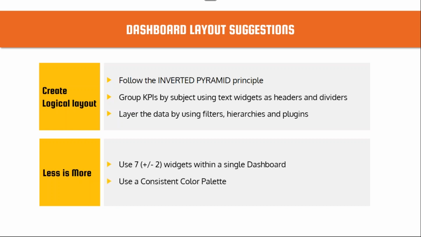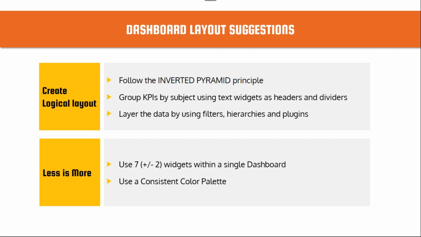On the design level, we want to use a limited number of widgets. It's a well-known fact in cognitive psychology that human perception, human memory, can only grasp 7 plus or minus 2 items.